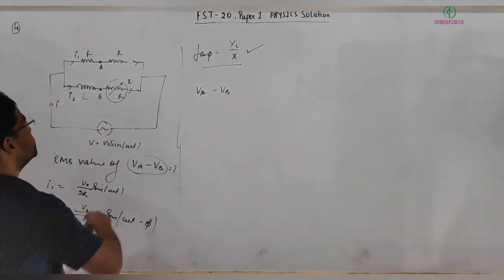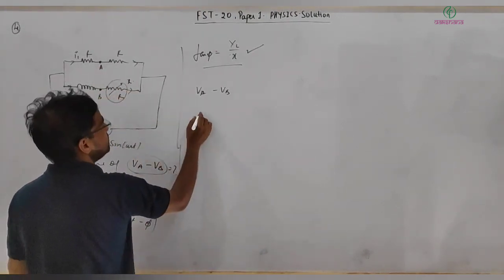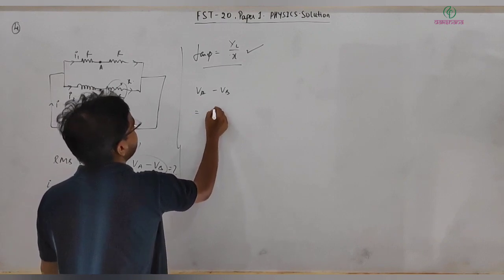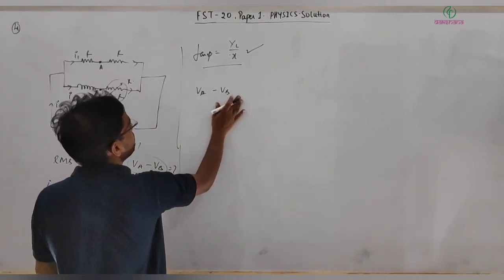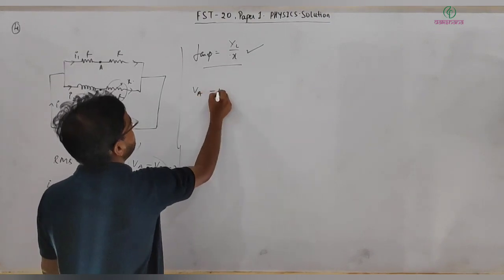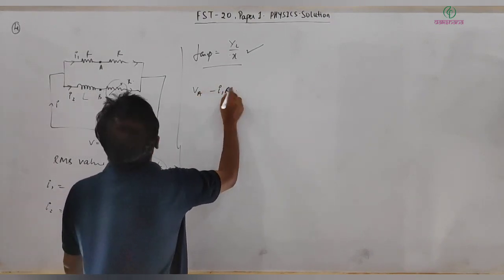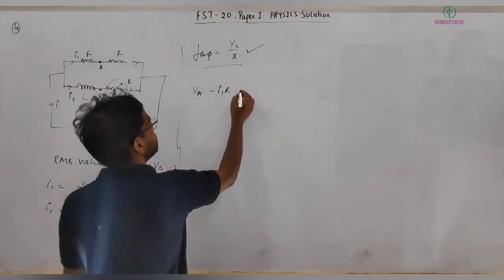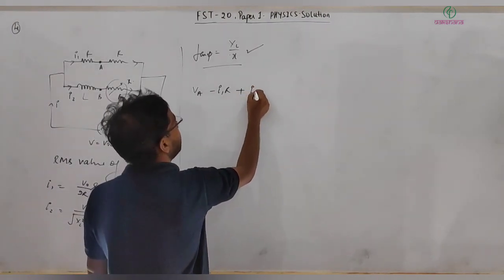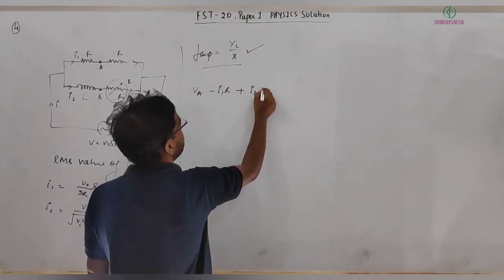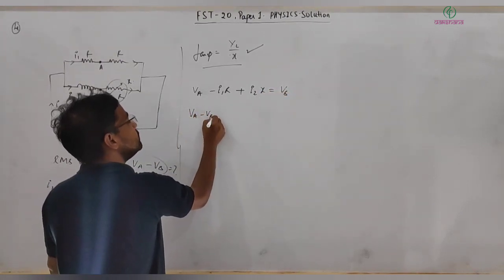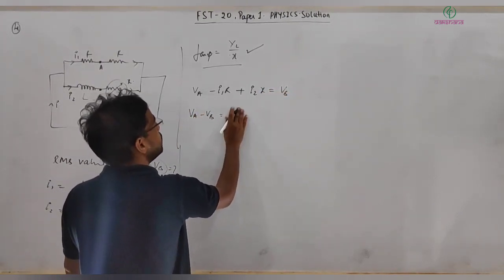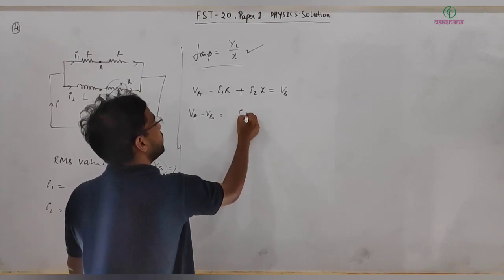At that instant I can go from here to there, so VA minus I1 into R, and then opposite to the direction of current, plus I2 into X, equal to VB.